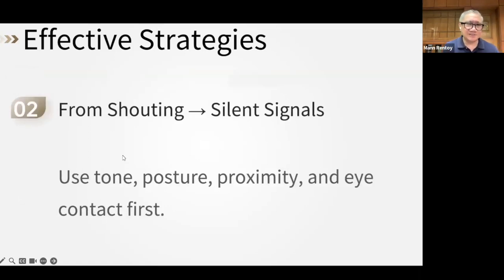Here's a second strategy: from shouting to silent signals. Let us make use of silent signals, tone, posture, proximity, eye contact, to get the students following what we want them to do. In other words, discipline.